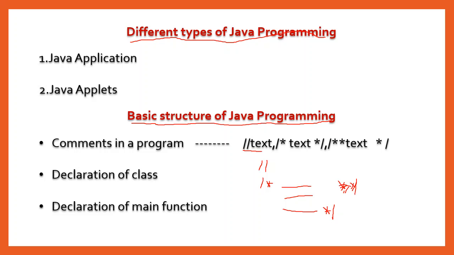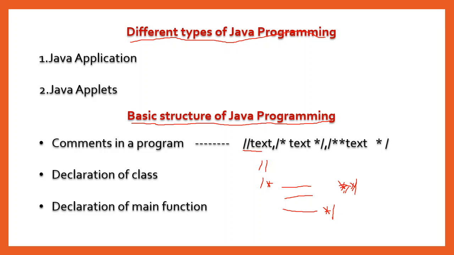Okay, it is clear. Next one is declaration of a class. How a class is declared. After finishing the comments, then you have to declare a class. How will you declare? First word, what will you write? It contains the access specifier, that is public.